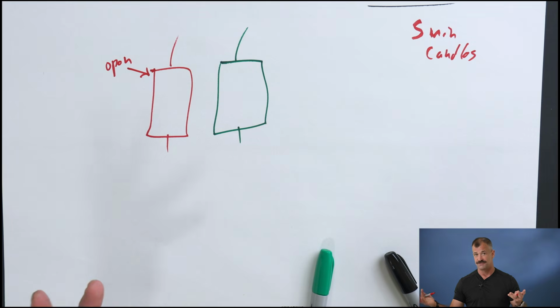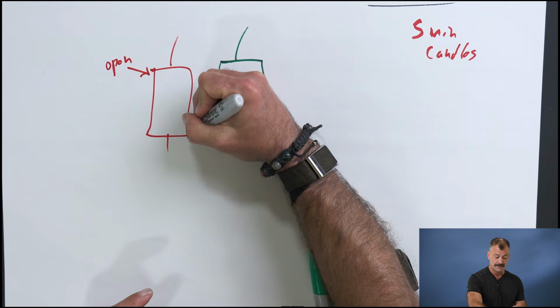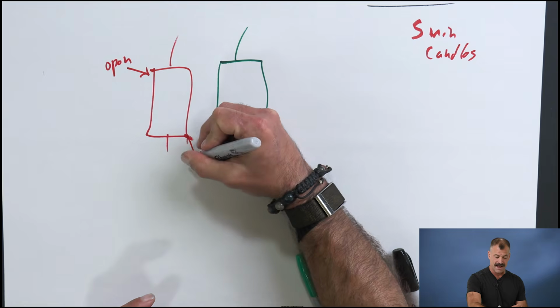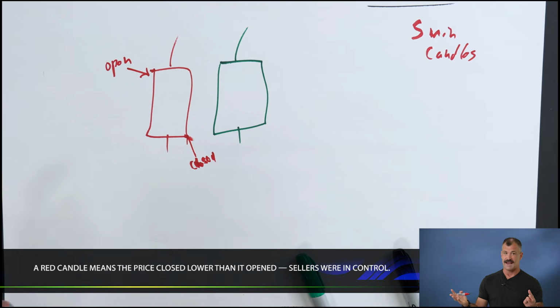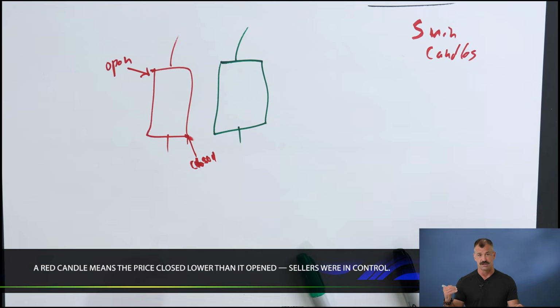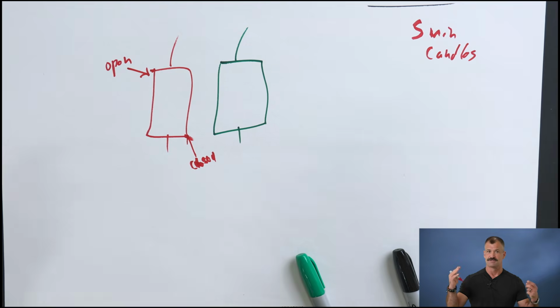Then let's fast forward to 5:10 p.m. The bottom of the body is where it closed. It's a red candle because it closed lower than it opened. So at the start of that 5-minute period, let's say it was $1. Then at 5:10 p.m., it's at 90 cents. That would be a red candle because over that 5-minute period, it closed lower than it opened.